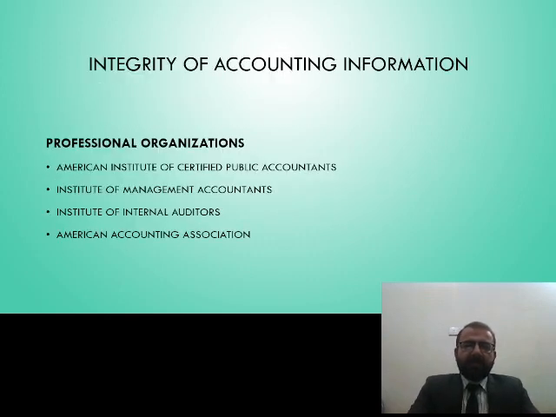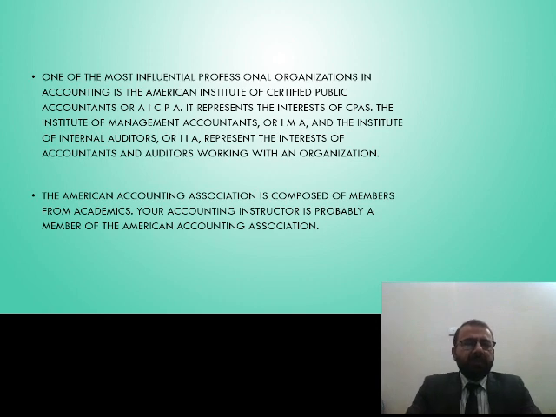Integrity of accounting information. Professional organizations are the American Institute of Certified Public Accountants, the Institute of Management Accountants, the Institute of Internal Auditors, and the American Accounting Association. One of the most influential professional organizations in accounting is the American Institute of Certified Public Accountants, or AICPA.